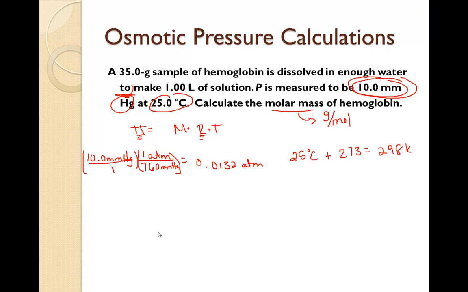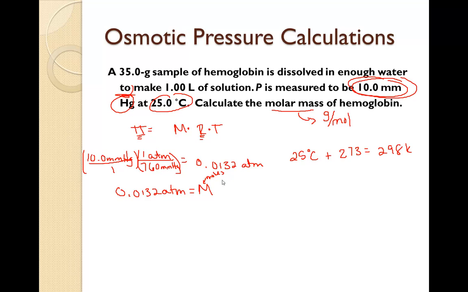So the pressure is 0.0132 atm. I'm not going to solve for the molarity yet. That's what I'm actually going to be solving for in the equation, because from the molarity we can get the moles. That's our goal.